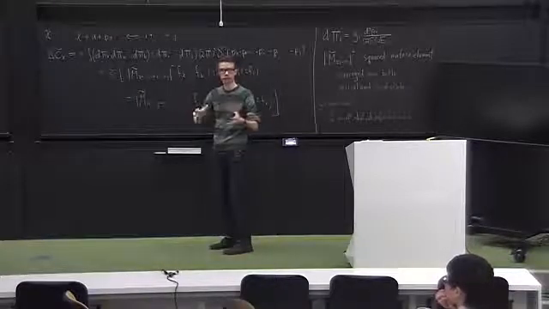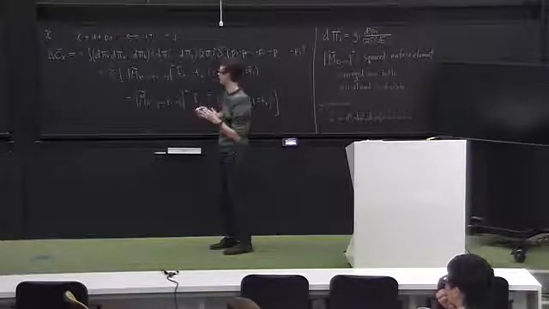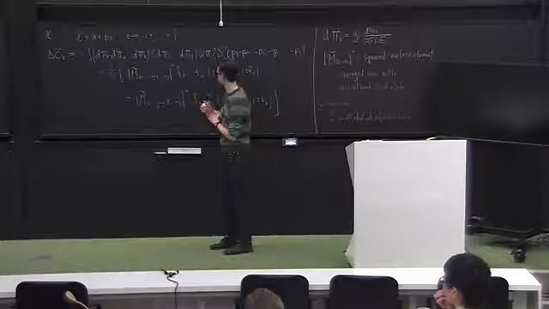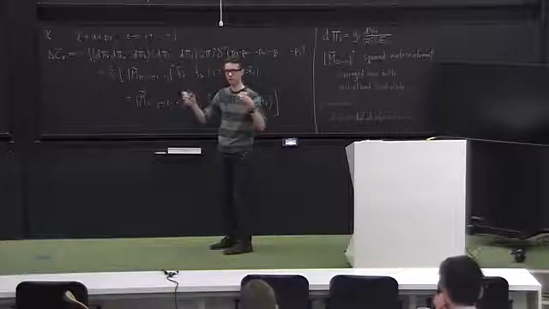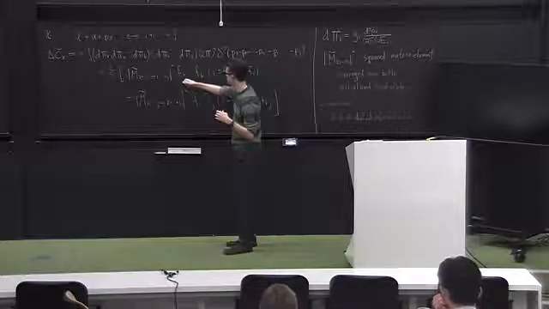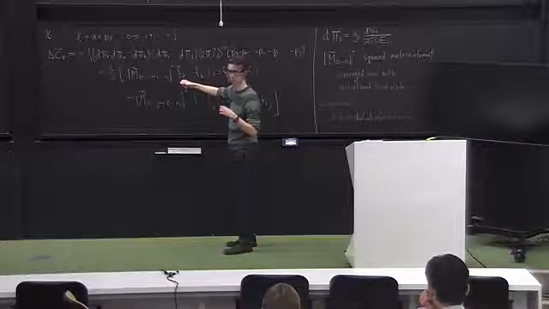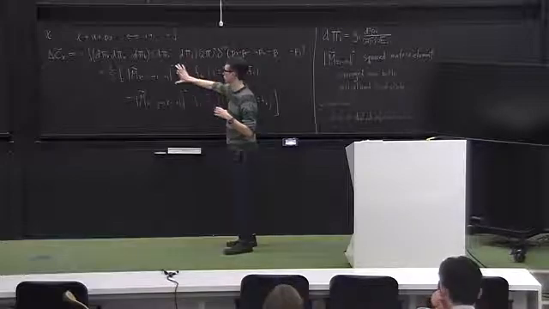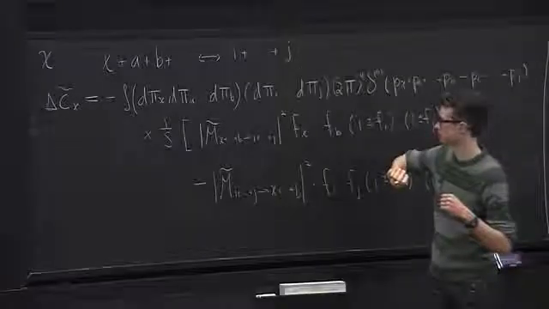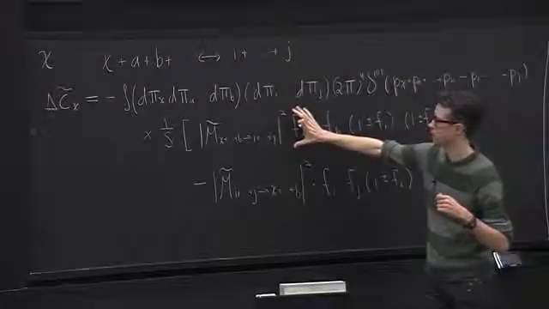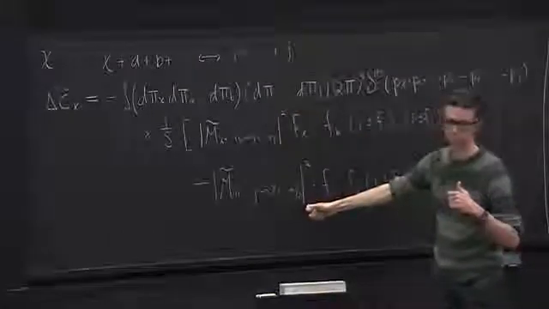Suppose I have less chi than I would expect. If I have fewer chi than I would naively expect in equilibrium, then this factor will be small. And if this factor is small, this forward reaction is slow, whereas the reverse reaction is faster.